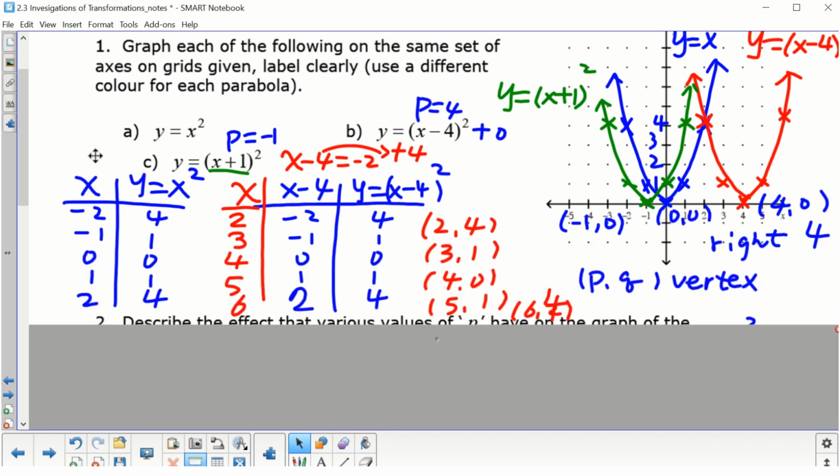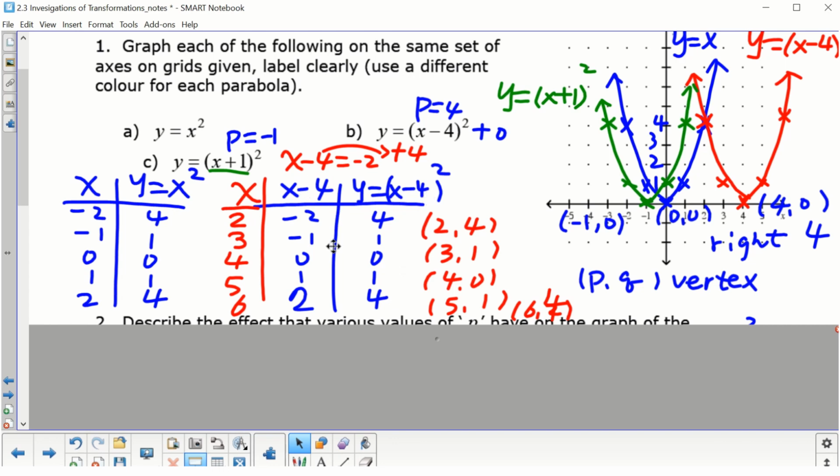So this is a table of values of the blue curve. And for y equals x minus 4 bracket squared, we force the x minus 4 to equal -2, -1, 0, 1, 2, because once we do it this way, you will have nice y values. So -2 squared is 4, -1 squared is 1, 0 squared is 0, 1 squared is 1, 2 squared is 4.